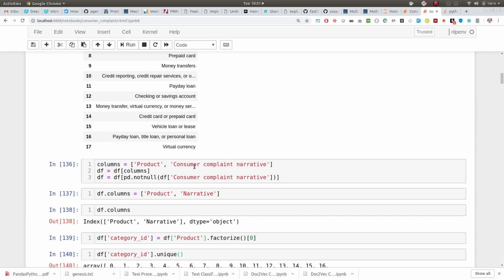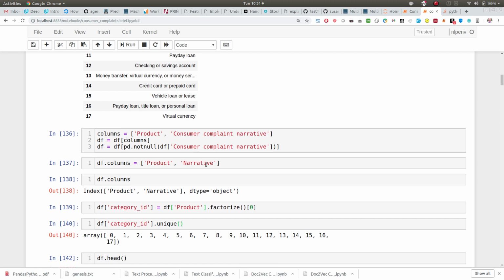What we want to do here is remove missing entries in the consumer complaint column. We also want to just keep two columns, product and consumer complaint narrative, and we want to rename consumer complaint narrative to just plain old narrative.